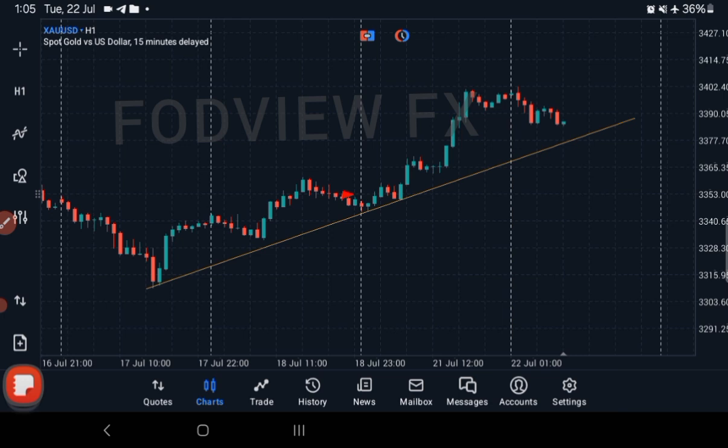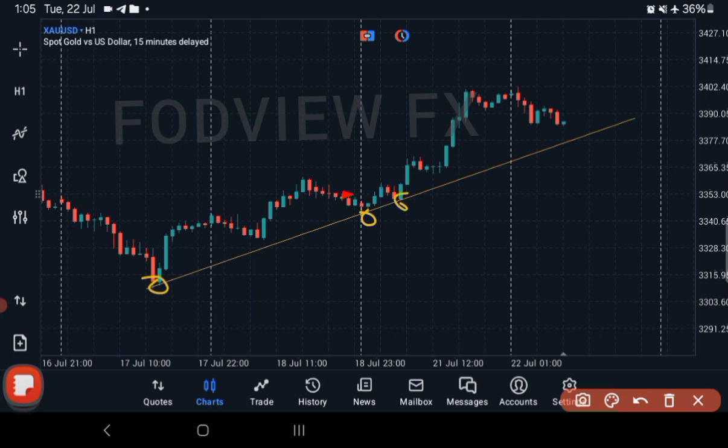Now we have a place here, this higher low. It didn't come quite close, then it came closer here. Yeah, it came in here, we tested it and moved.